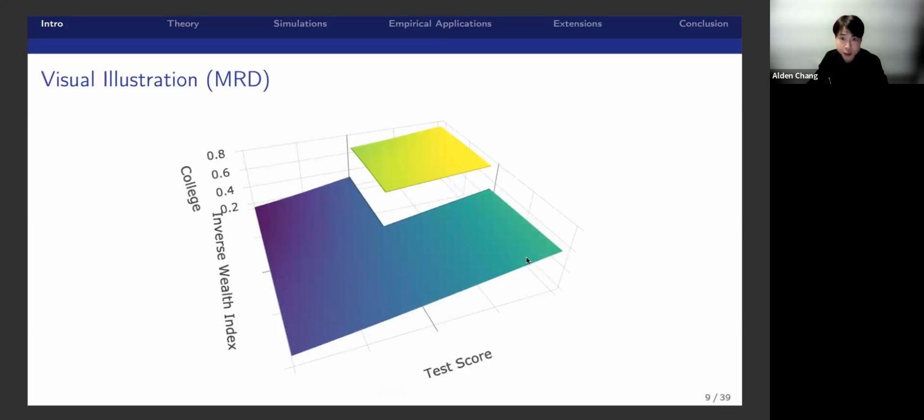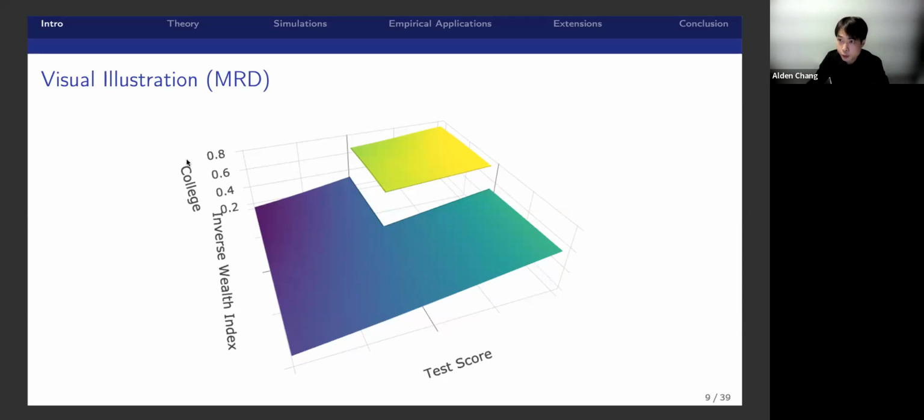Here's a visual illustration of the MRD design. And here we have an application actually drawn from the empirical application I'll go over later, where we are interested in the effects of financial aid on college going. So on the X1 and X2 axes, we have the two running variables, test scores and the inverse wealth index.